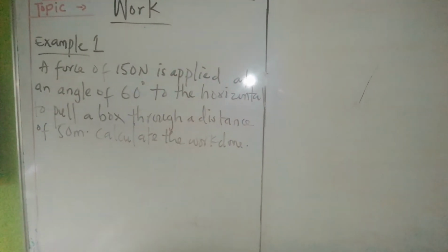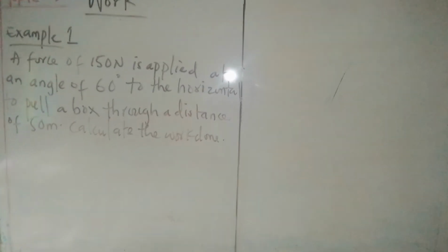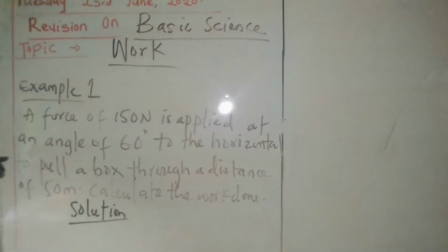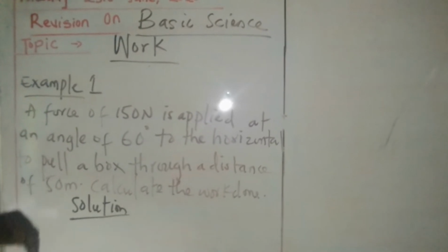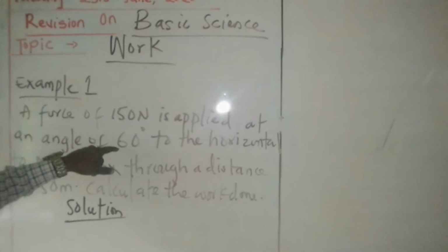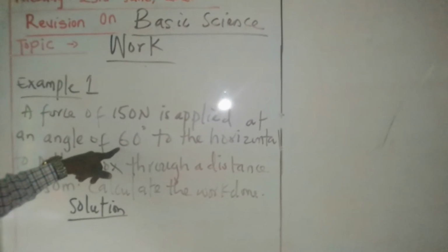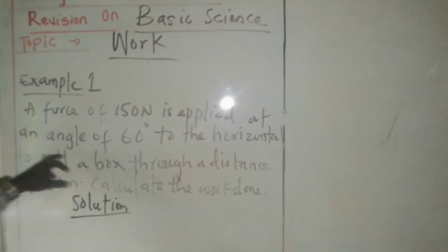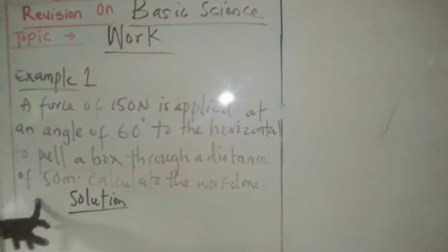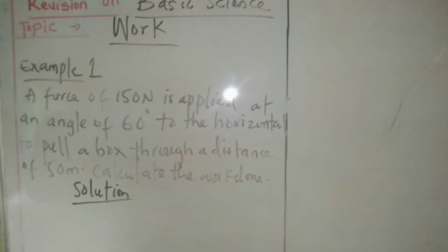But first of all, before we start solving, we have a question here. A force of 150 Newton is applied at an angle of 60 degrees to the horizontal to pull a box through a distance of 50 meters. Calculate the work done.